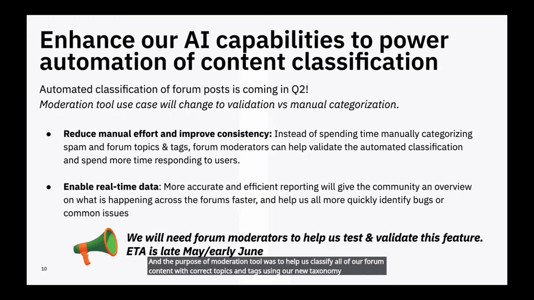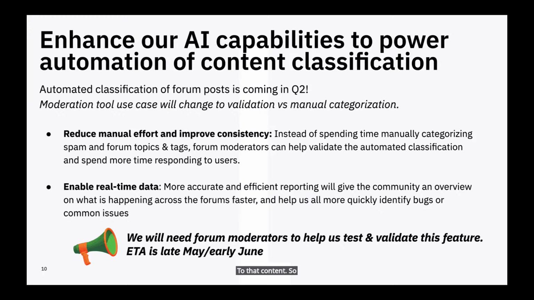This was never meant to be a permanent solution, and the permanent solution is automation of that. Typically industry-wide, when it comes to forum posts and knowledge-based articles, you don't rely on a human to categorize that. It uses the context of the article, the keywords, all of that, to automatically apply the taxonomy and the tags to that content. That is what we are currently working on building.